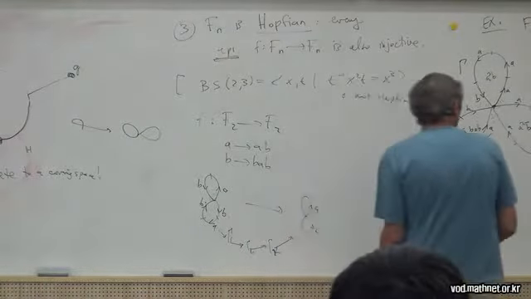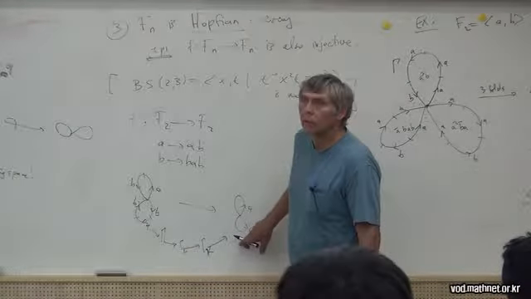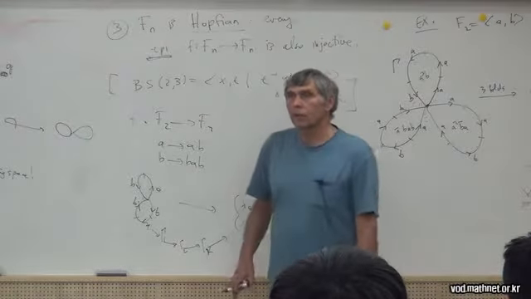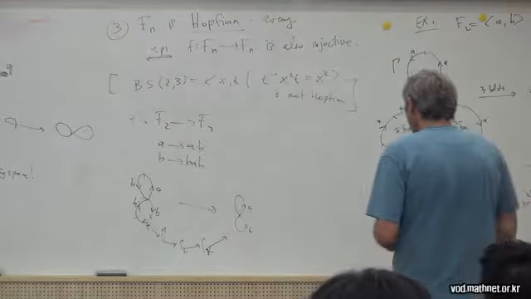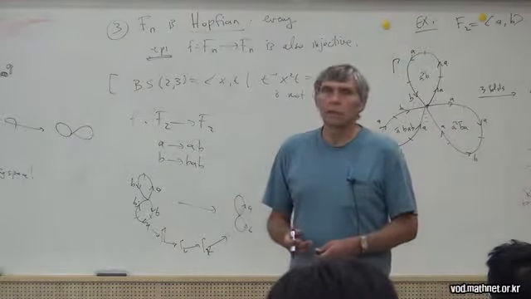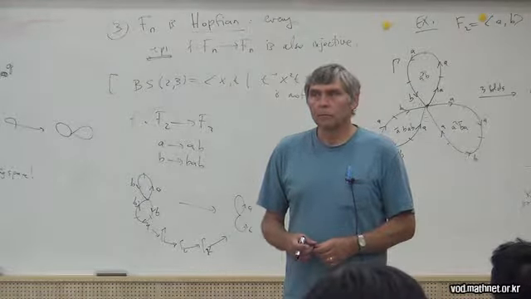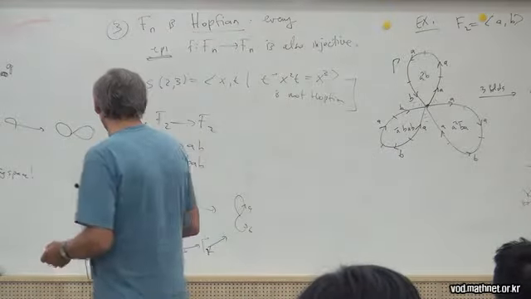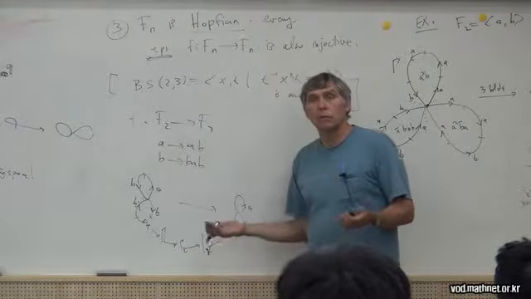Remember, the image in pi 1 of the original map is the same as the image in pi 1 of the last map. So it has to be the whole group. If it's an immersion that's not a homeomorphism, then the image in pi 1 is not everything. So what could it be? It could be a covering map, not a homeomorphism, but a covering map. But then the image is a finite index subgroup and not the whole group.